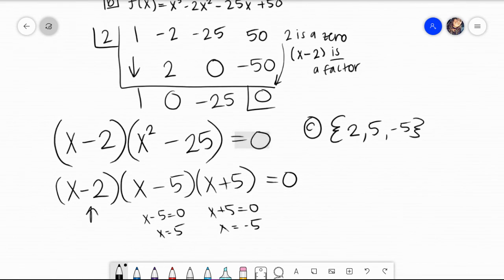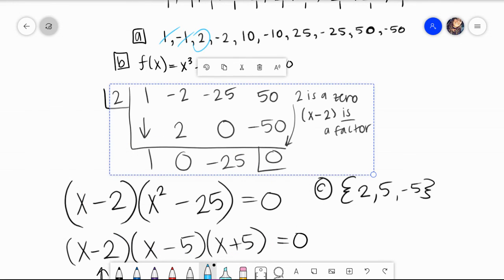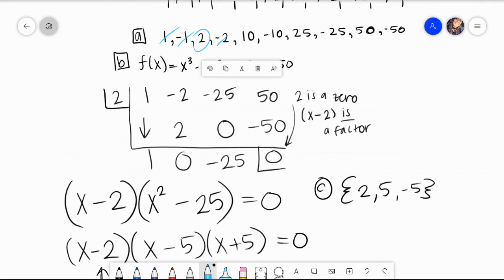So technically, if I'd kept going through this line and being like, that didn't work, okay, that worked. If I didn't do this step right here, I would have then plugged in negative 2. And I would have learned that my remainder would not be 0. And then I would have done 10. And I would have just continued to find out that those would not work for my zeros.